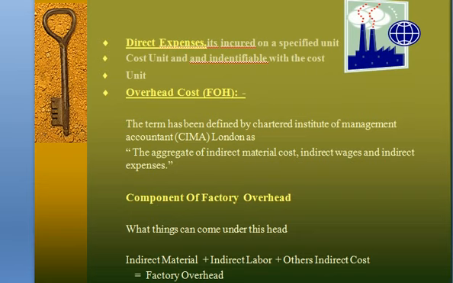So overhead cost is all the indirect cost which is not readily, directly, or conveniently specified or allocated. The formula for calculating overhead cost is indirect material plus indirect labor plus indirect expenses, which equals factory overhead.